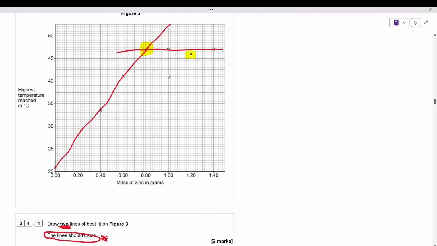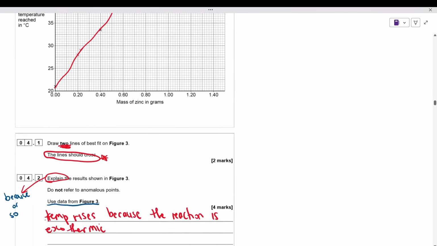But let's go back to the graph for a bit. We know that it rises, we can see that rise happening here, but it stopped rising. So it rose because it's exothermic until, not approximately, it's definite because it's smack on the line, 0.8 grams of zinc is added.